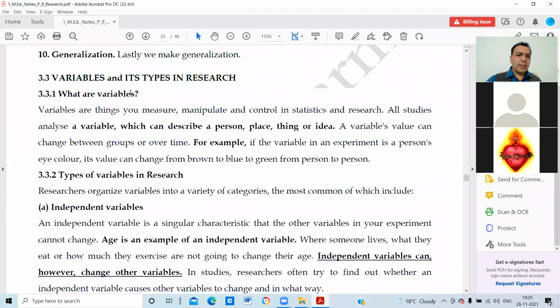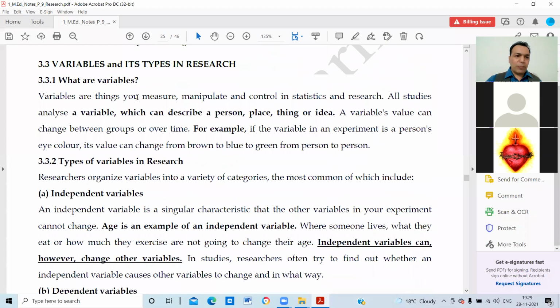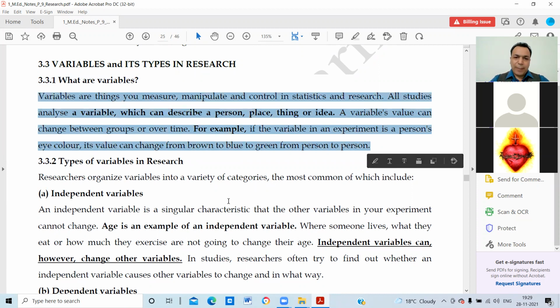There is some terminology we have to understand under this experimental research. Here we discuss what variables are, and what independent and dependent variables are. First of all, we have to understand what variables are. Variables are basically the things you measure, manipulate and control in statistics and research. All studies analyze a variable, which can describe a person, place, thing or idea.